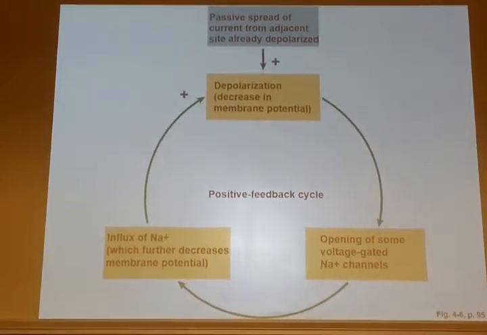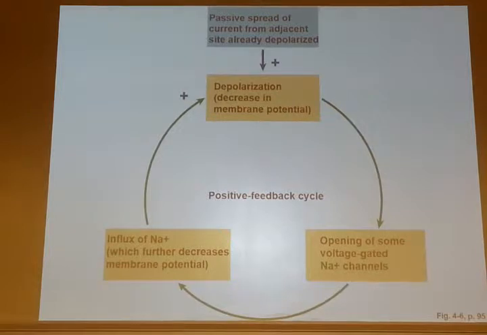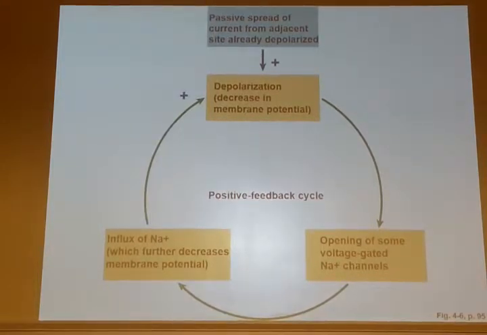voltage-gated channel. So decrease in membrane potential is decreasing towards threshold. Don't think it's going more negatively. So it's a little perverse, I guess, a little confusing if you think of decreasing as going in a negative direction.